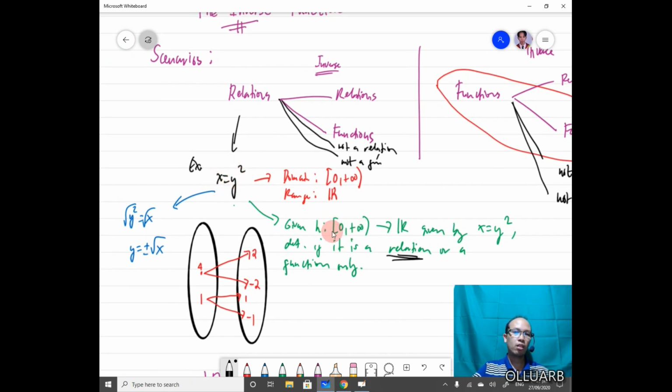If you are given a problem like this, can you actually say that the inverse is a relation or a function? If you switch the domain and the codomain directly, can you actually get the inverse?